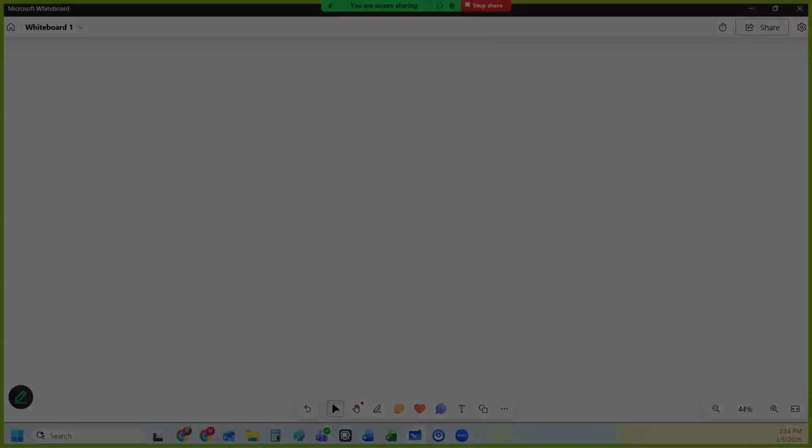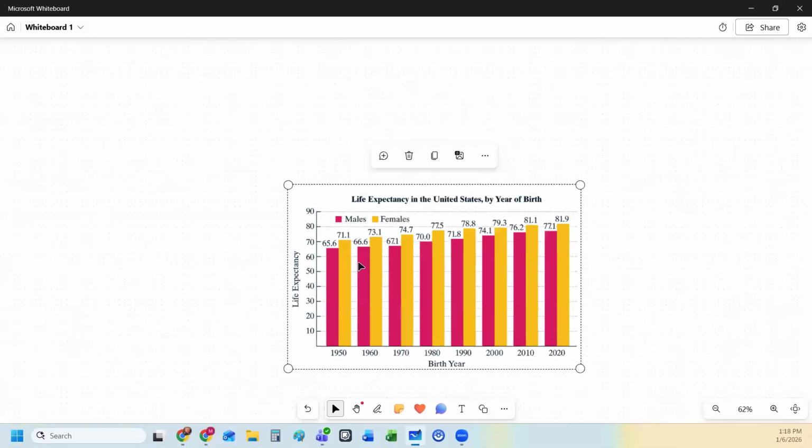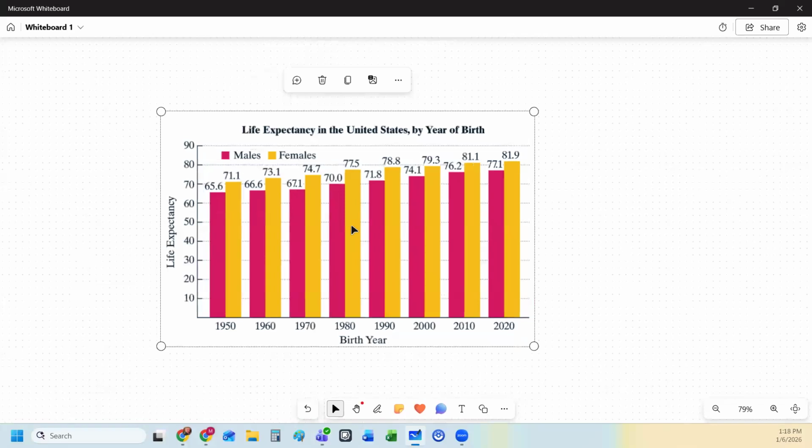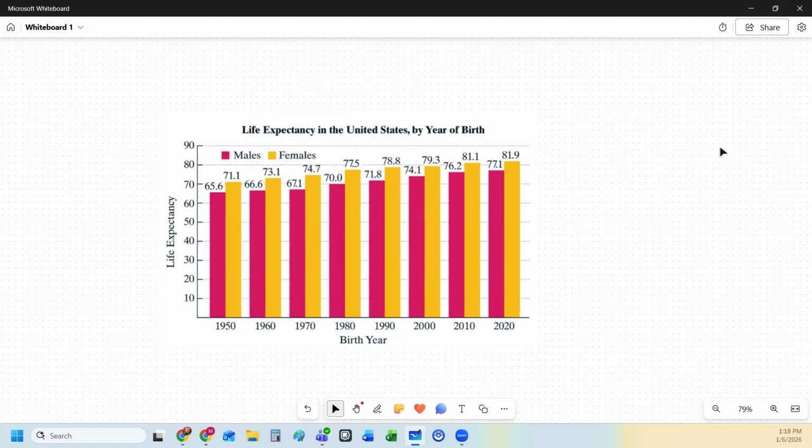We can also take a look at some bar graphs. We'll have some bar graphs in section 1.2, and this bar graph comes from the PDF in module 1 itself. If I look at these, the life expectancy here in the United States by year of birth, males are in that red and females are in this amber color.